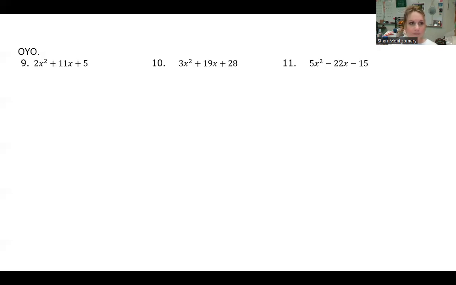This calculator got my brain. They're both positive, right? Yes. Did you get this?